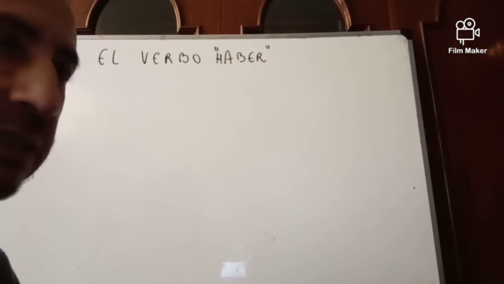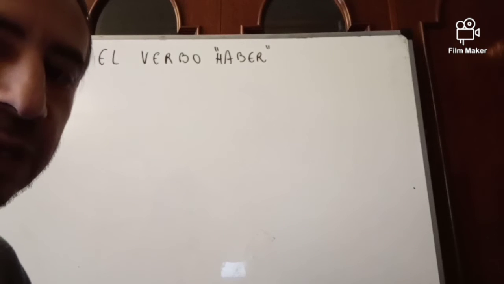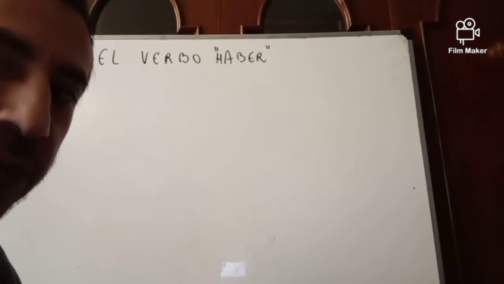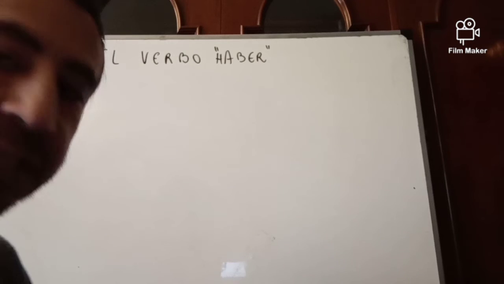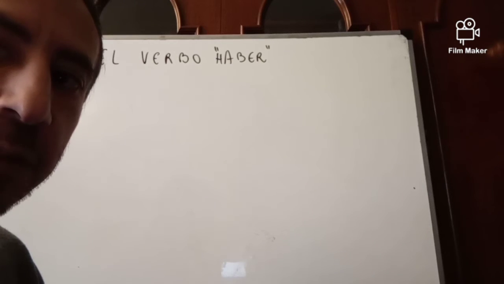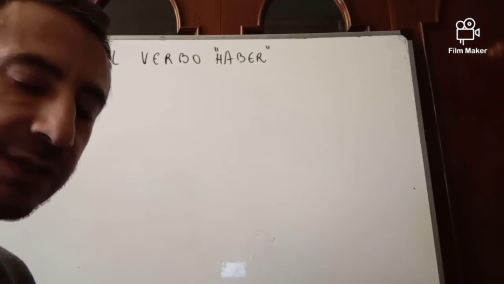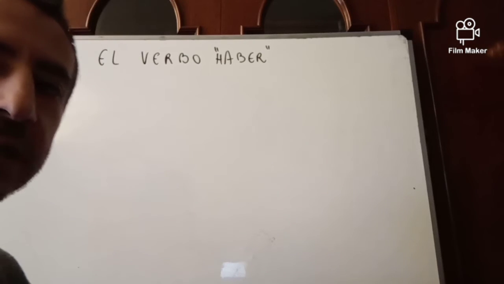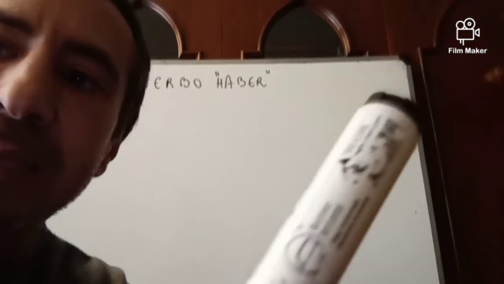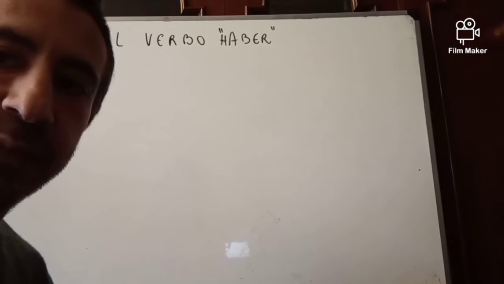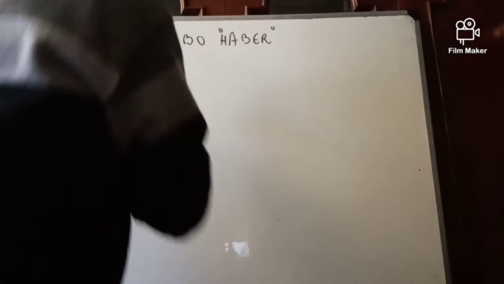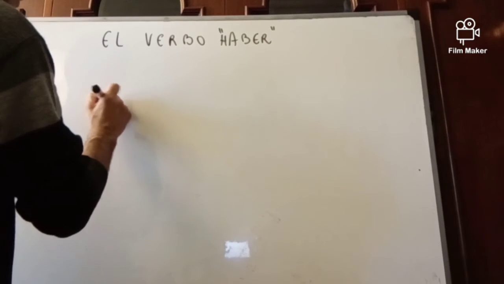I've eaten, yo he comido. In that case, when it's an auxiliary verb, it's conjugated, but when it's the verb to be, there is, there are, it's an exceptional case in Spanish because it's only conjugated like this.